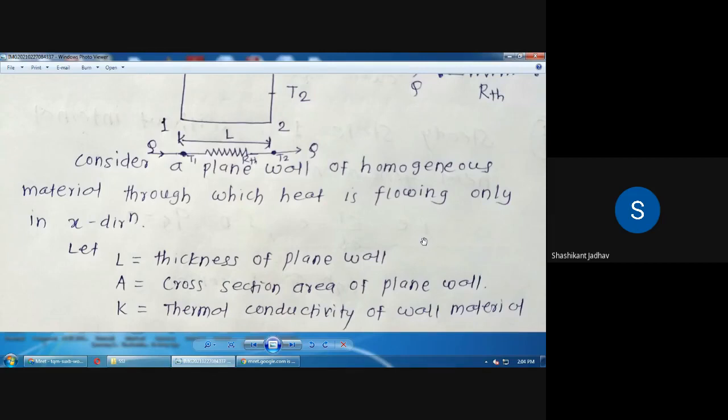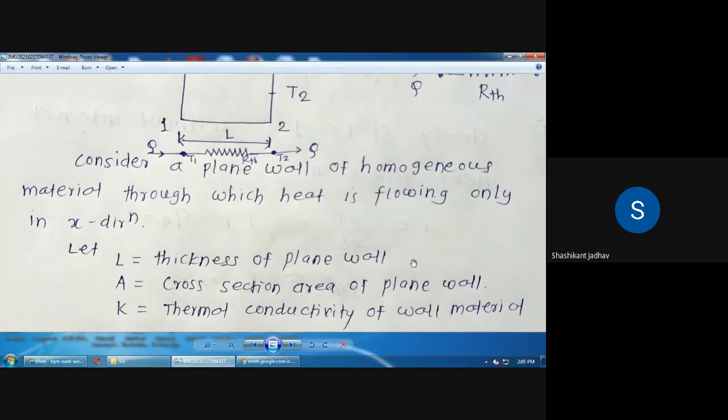Then capital A is equal to the cross section area of the plane wall, then K is equal to the thermal conductivity of the wall material.